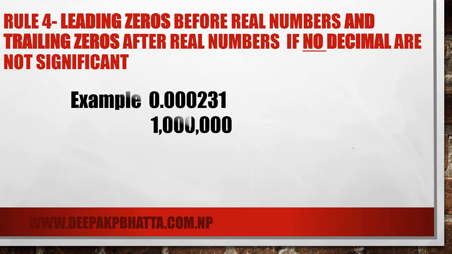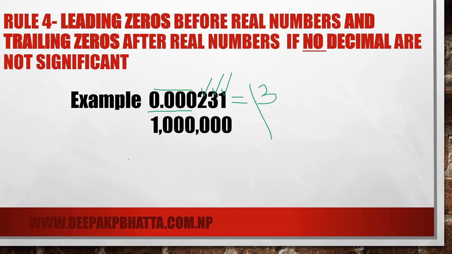Here is an example, 0.000231. These 0.000 are leading zeros. That's why these zeros are not counted as significant figures. That's why its significant figures are 2, 3 and 1. Count 1, 2 and 3. Its significant figure count is 3.